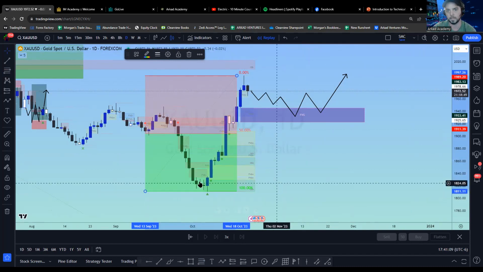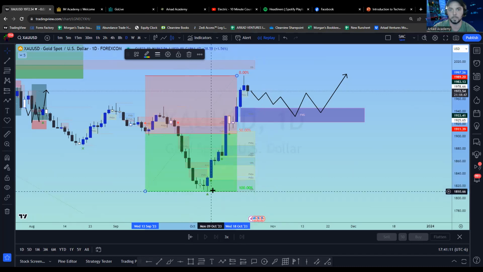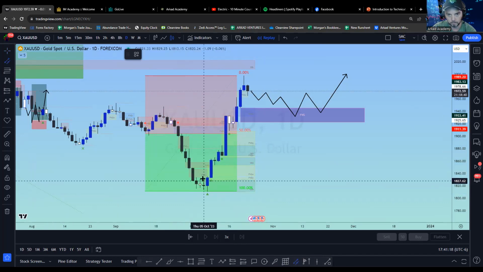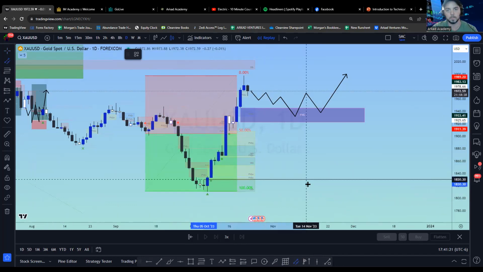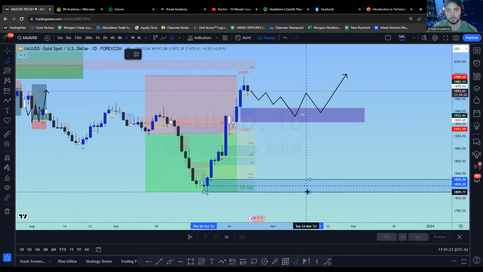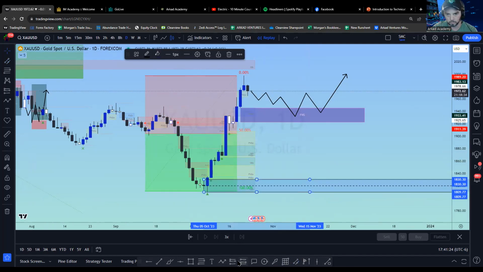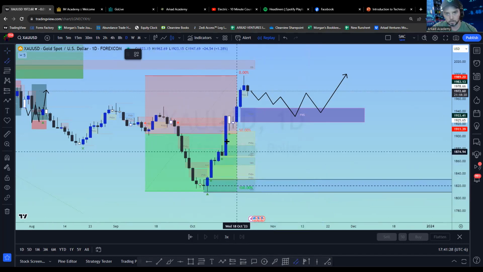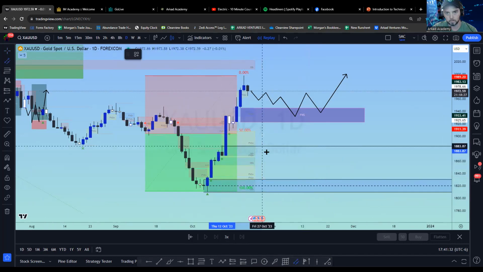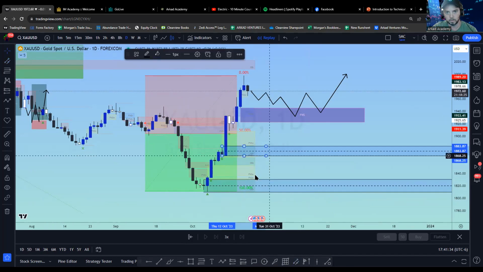Ideally, you'd want to get back down in here to buy. You have a nice little demand zone here.